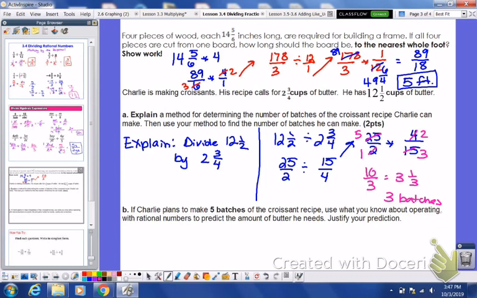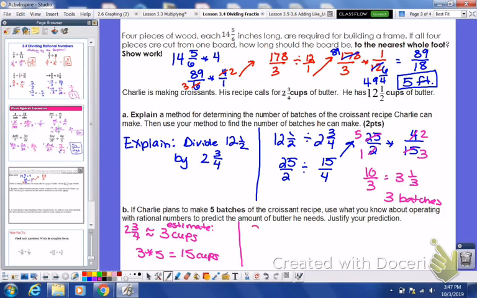And last piece, if Charlie plans to make 5 batches of the croissant recipe, use what you know about operations with rational numbers to predict the amount of butter he needs, then justify. So 2 3/4 is approximately 3 cups. So 3 times 5 would give us 15 cups. We are estimating. So then justify, we're going to actually work it out.